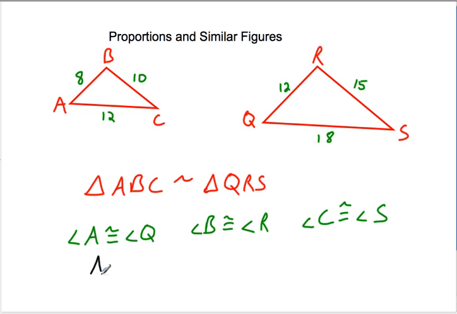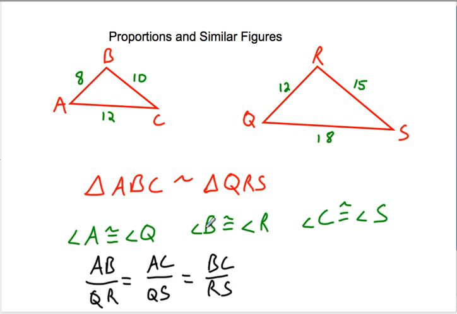So AB over QR is going to be the same as AC over QS, which is going to be the same as BC over RS. So effectively what we're saying is the distance between A and B right here, which is 8.